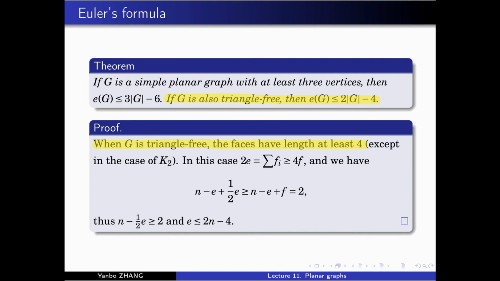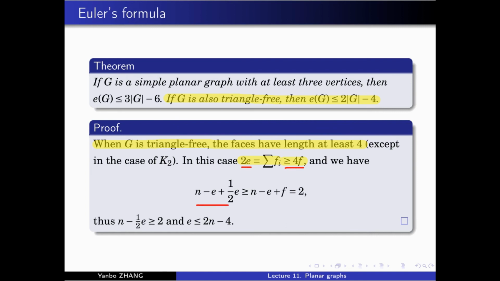In this case, we have 2e equals sigma Fi, and Fi is greater than or equal to 4 times f, because every face has length at least 4. So we have 2e is greater than or equal to 4f. So e is greater than or equal to 2f.